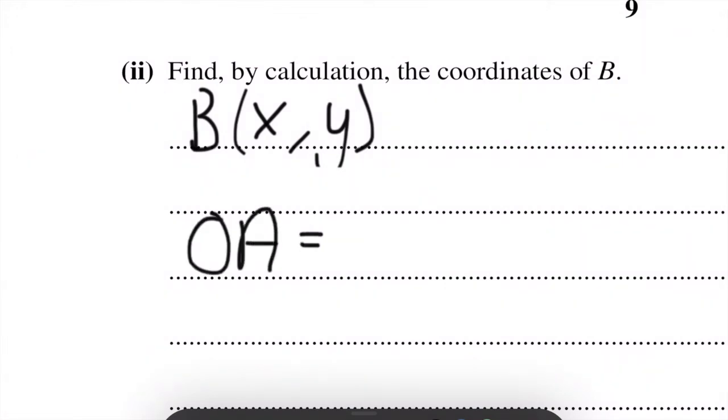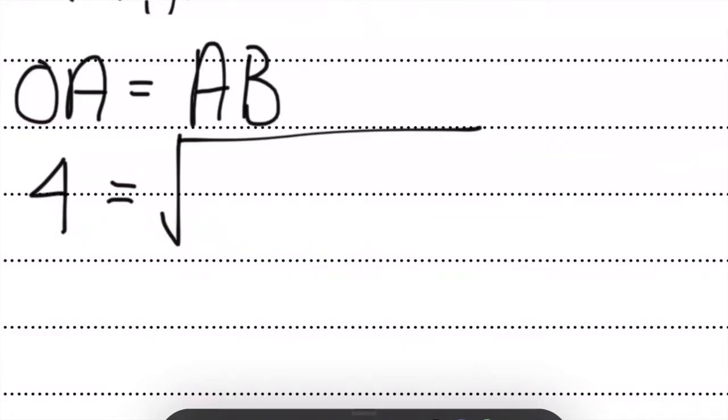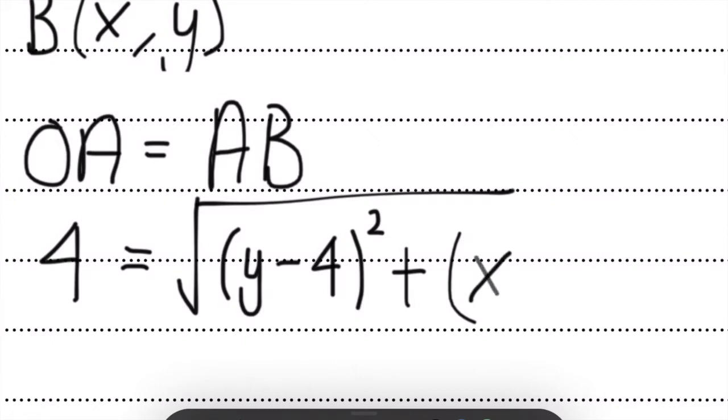OA is equal to AB. We know earlier that OA is equal to 4, and we'll find the length of AB with the formula. Y2, which is the y coordinate of B, minus Y1, which is the y coordinate of A, and is 4, squared, plus x coordinate of B minus x coordinate of A, which is 0.